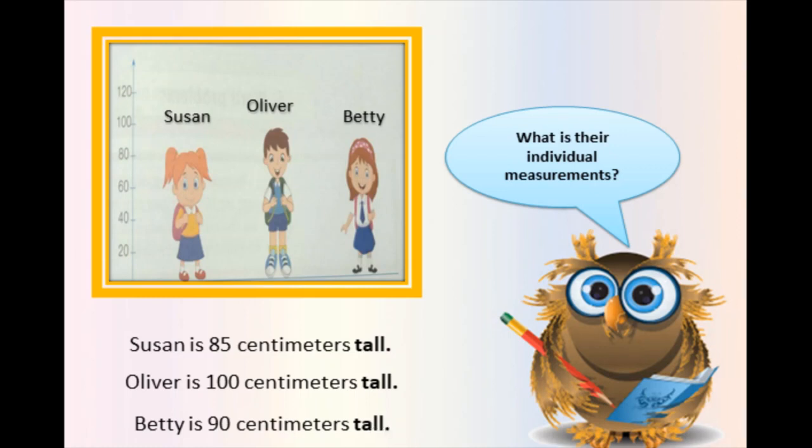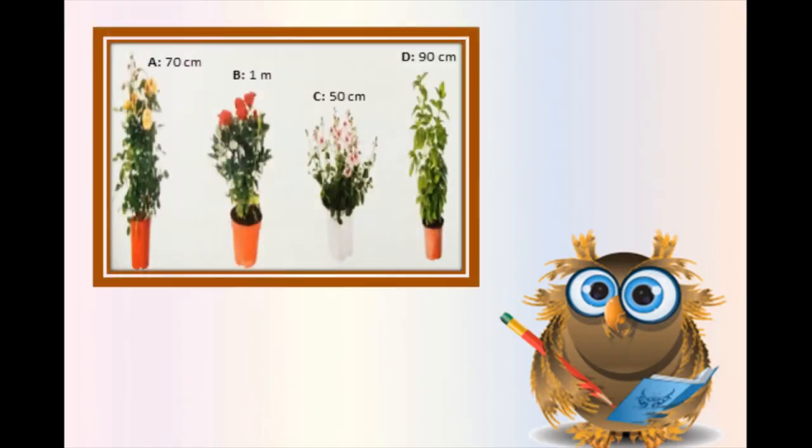Okay, let's move. Picture of plants. We have how many plants? Okay, good job. We have 4 plants. This is plant A, plant B, plant C, and plant D. Plant A measures 70 centimeters tall.